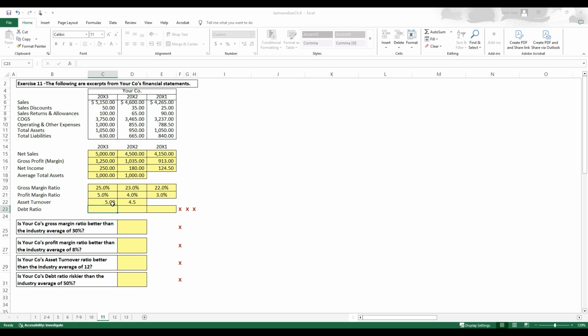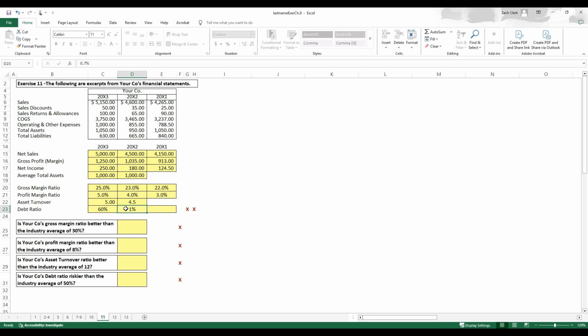Okay, and then our debt ratio is just going to be our total liabilities divided by total assets, so total debt divided by total assets. So 630 divided by 1050 in the first year. 665 divided by 950.